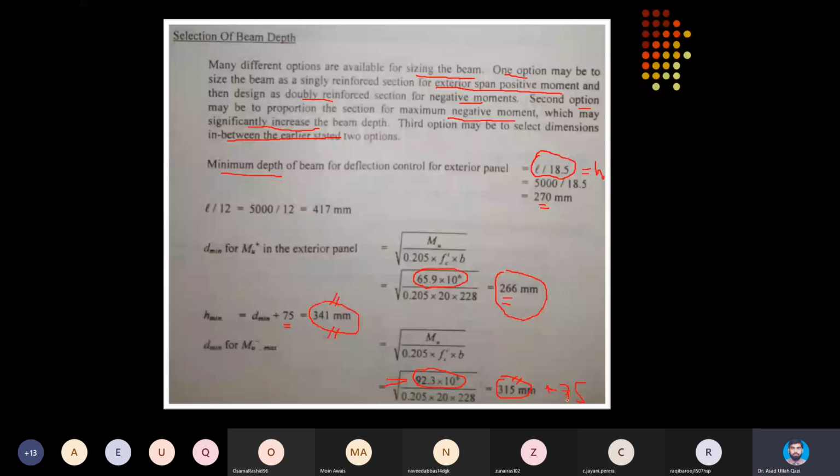We need not neglect the code proposed minimum steel ratio, because if steel selected will be below this, then chances of sudden failure after approaching of modulus of rupture when concrete will crack are there. So to avoid sudden failures, code has proposed a minimum reinforcement ratio in the cross section.